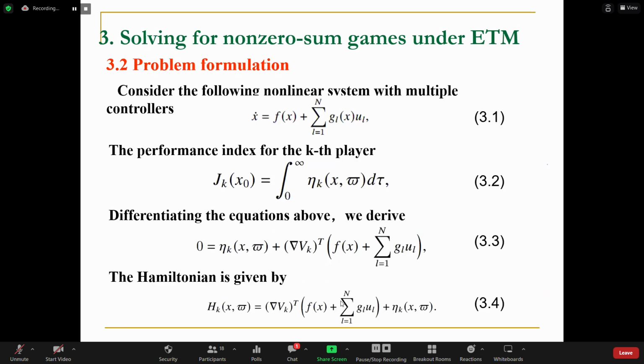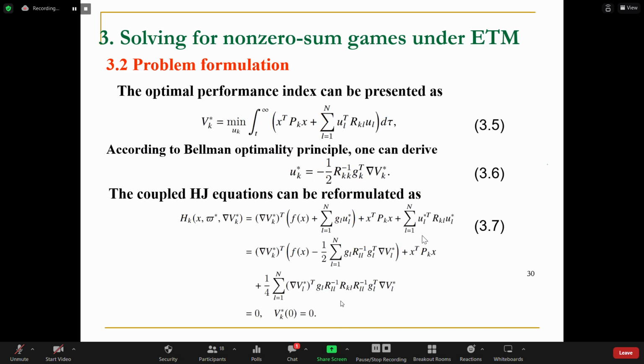Let's see the problem formulation. We consider the system with multi-controllers. Then we give the performance index for the i-th player. Then we can derive the Hamilton function. Based on the Bellman optimality principle, we can derive the optimal control for every player.